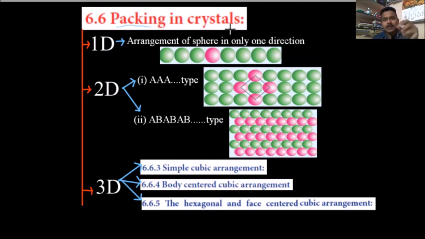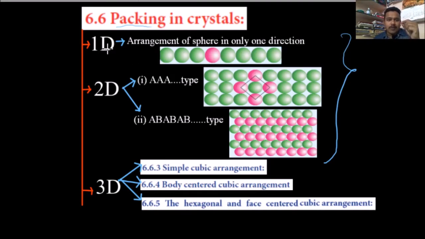The arrangement of atoms in a crystal is what packing of crystals is, and we are studying it step by step. First one dimensional, then two dimensional, then three dimensional. In the last video we discussed only these two, one dimensional and two dimensional, and one more time we are going to recap this.